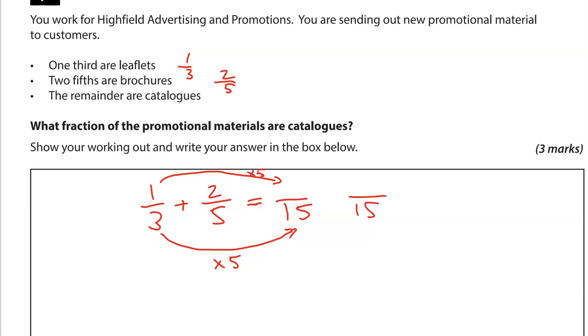So 1 times 5 is 5. To get from 5 to 15, we've multiplied by 3. So we need to do the same to the top number, times 3. 2 times 3 is 6. So adding these two together, 11/15.